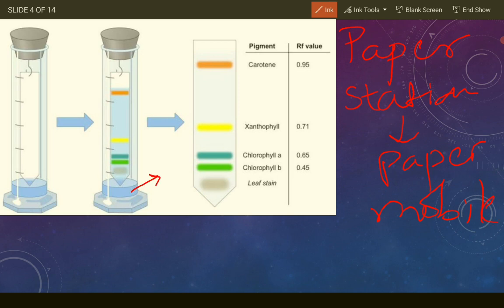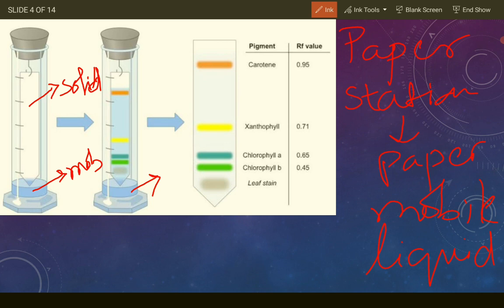Here you can see the liquid, right? The liquid which generally contains ethanol and other organic molecules, right? So you can see the paper is the solid or the stationary phase, and this is the liquid, the mobile phase, right? So the mobile phase moves.